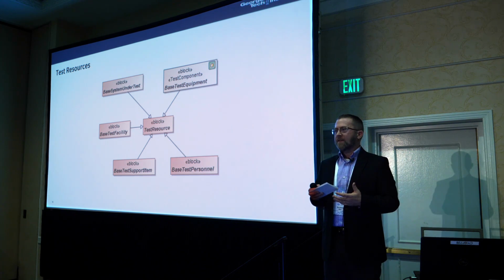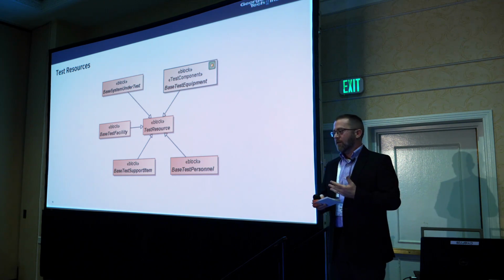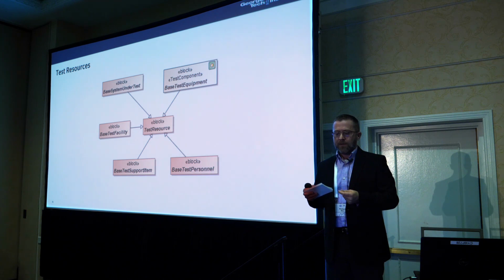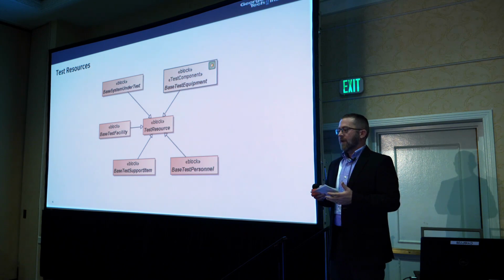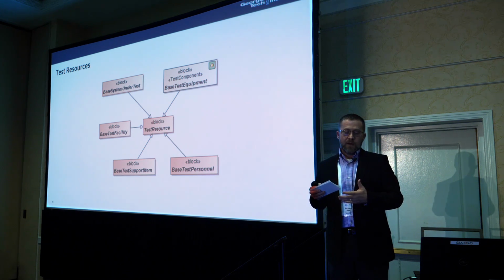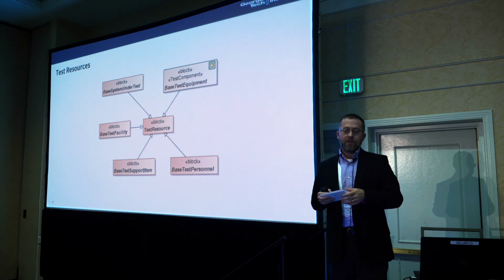We need more base types, specifically a base test facility, a test support item, which is like an emulator or a stub or a dummy load, and also test personnel. And all of those inherit from the base test resource. And you can use all of that information to aid in resource utilization.